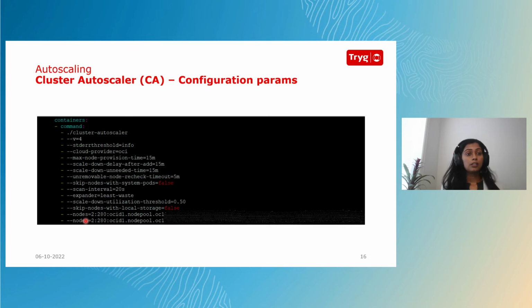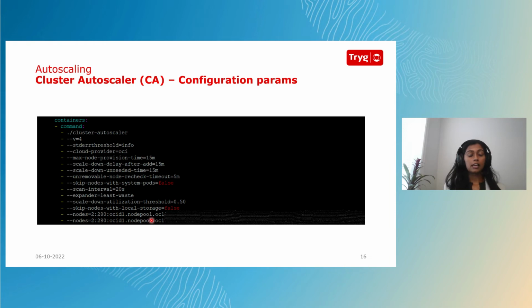So, is it available out of the box in a Kubernetes cluster? No. We would have to add this together with the cluster. But this also gives us the opportunity or the liberty to play around with the configuration parameters in the cluster autoscaler itself.